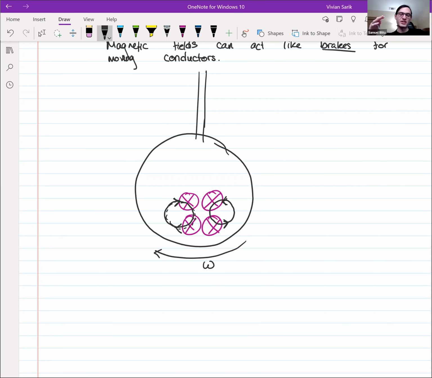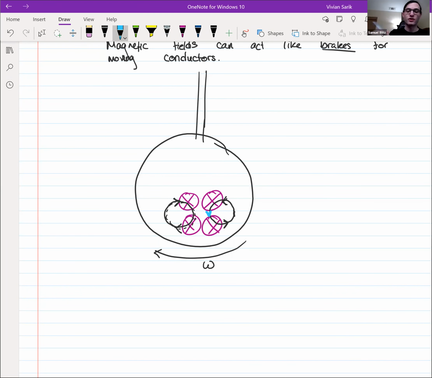And so then the question is, what force do these loops of current feel? So on the right-hand side, the magnetic field is 0. On the left-hand side of the rightmost loop, we can look at the direction of the force if the current is moving downwards in the magnetic field.